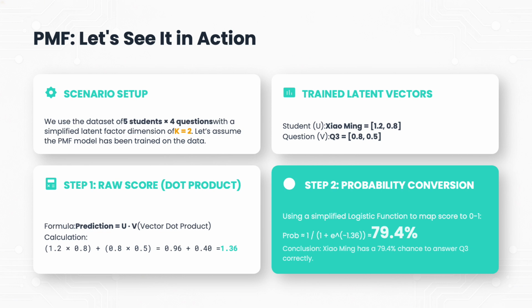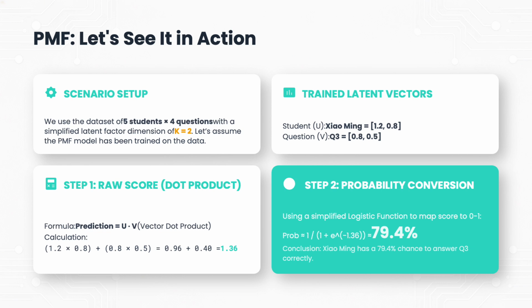Calculating the dot product, 1.2 by 0.8 plus 1.8 by 0.5 equals 0.96 plus 0.9, which is 1.86. This is our raw matching score. To turn this into a probability between 0 and 1, we apply a function like the logistic function.